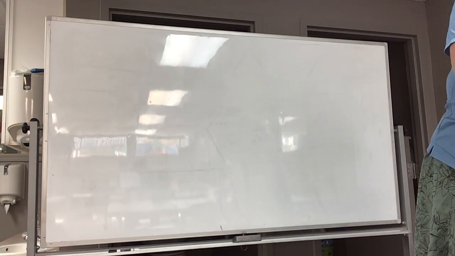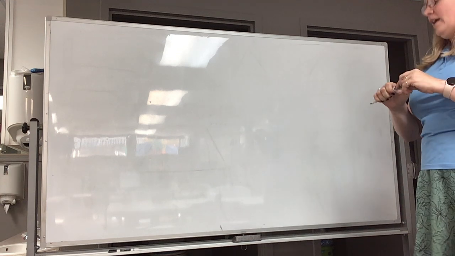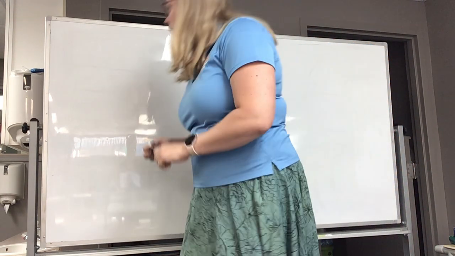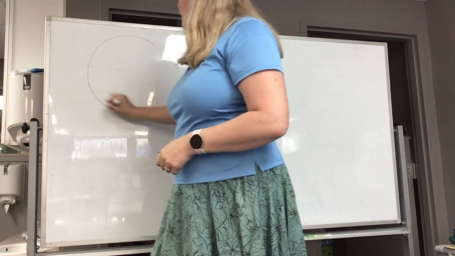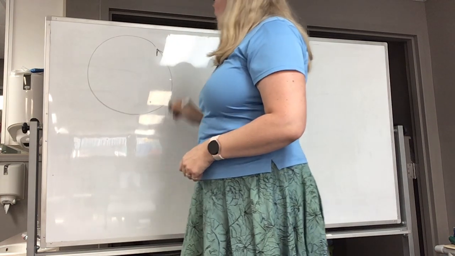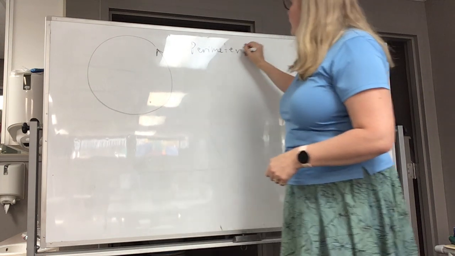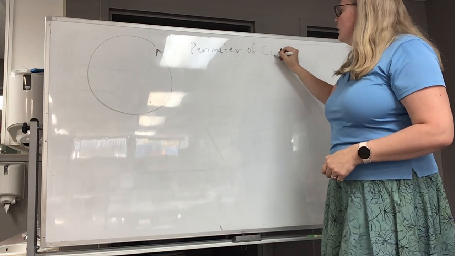The last one that we have for area is, what is the perimeter of a circle?